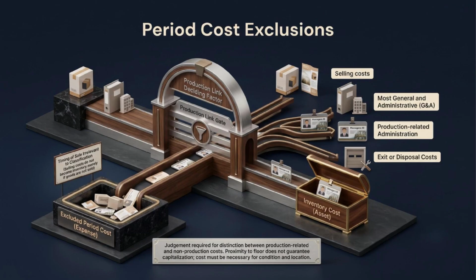Production related administration may be included if clearly linked, such as a plant manager's salary, but a CFO salary is not capitalized just because the company manufactures goods. Exit or disposal costs follow their own relevant guidance. The practical test is not whether the cost is near the factory. The test is whether it is necessary to bring goods to condition and location.